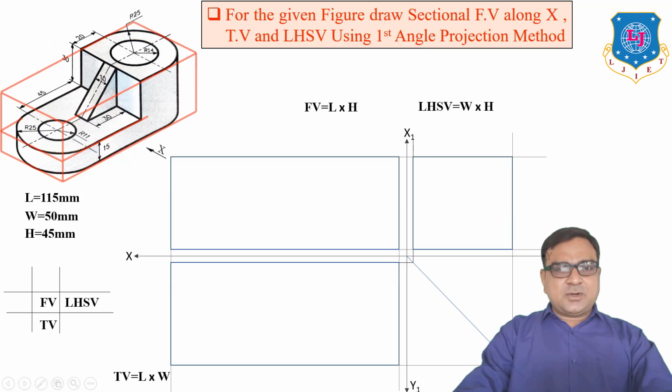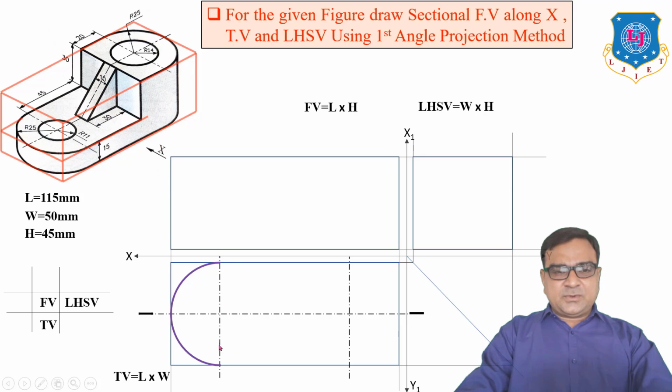So start your top view by drawing a center line. The object is symmetrical about this line. Now this part is a semicircle, so in top view it looks true shape.